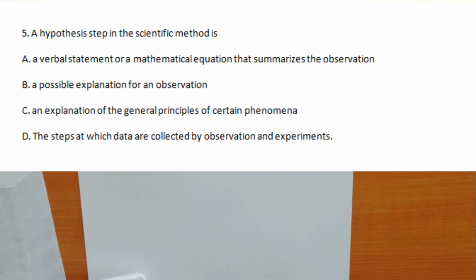C. An explanation of the general principle of a certain phenomenon. D. The steps at which data are collected by observing and experiments. First, what is hypothesis? Hypothesis is an educated explanation of what will happen during your experiment. So our answer will be B. A possible explanation for our observations.